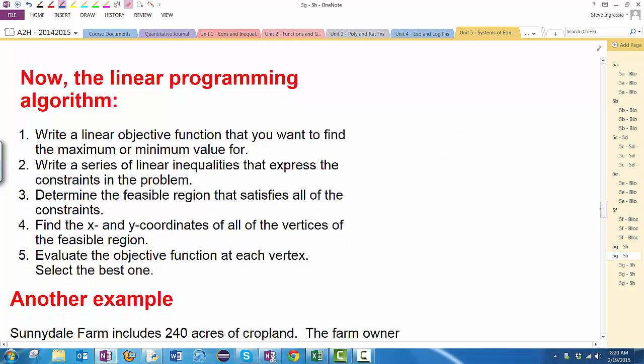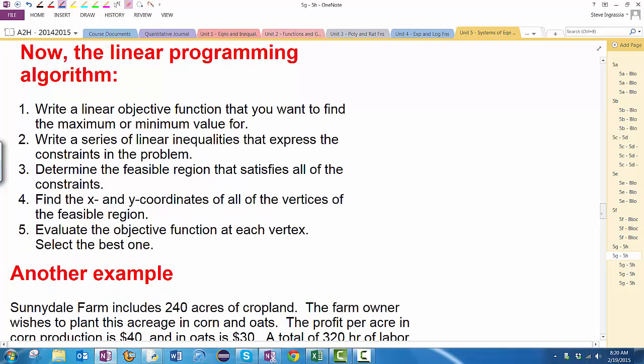Now, let's talk about what the linear programming algorithm is all about. Write a linear objective function that you want to find the maximum or minimum value for. For us, that's profit. Profit equals 40 for each desk plus 75 for each bookcase. Write a series of linear inequalities that express the constraints in the problem. We just did that. X greater than or equal to 0, y greater than or equal to 0, 5x plus 10y less than or equal to 600, and 4x plus 3y less than or equal to 240.